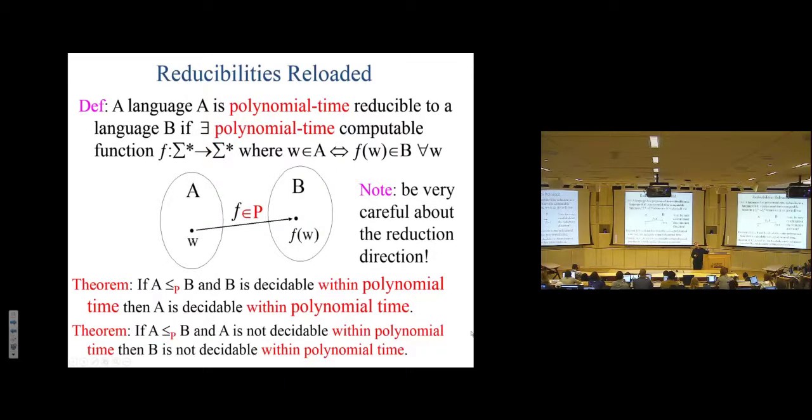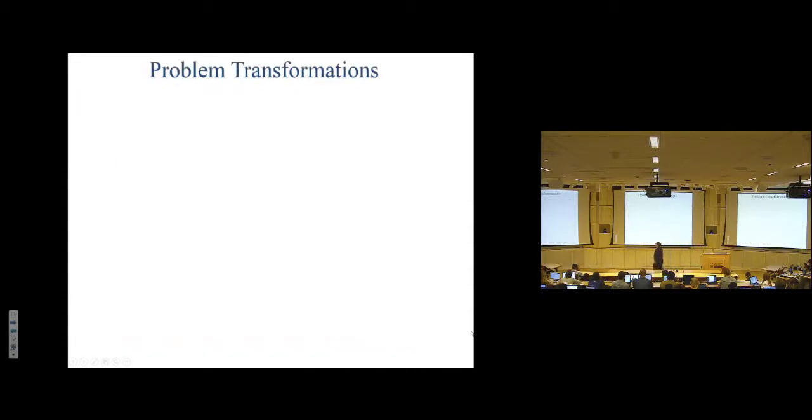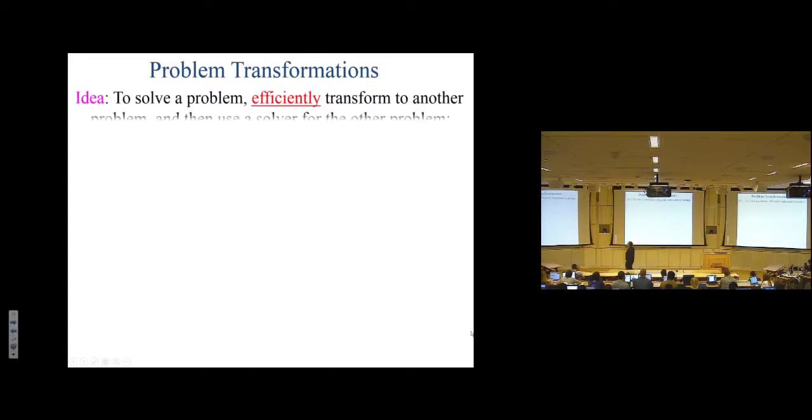But if we can transform to some other problem and then solve the other problem using some way, we're also solving the first by one fell swoop, which is great because it gives you leverage. You only have to find solutions to a few things, or one thing even, and you're already solving lots and lots of other things that transform to it efficiently. That's the idea here behind NP-completeness and these transformations.